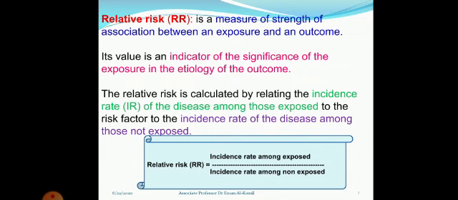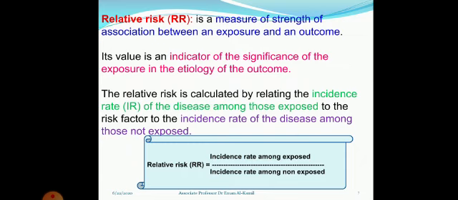The difference between the ratio and the rate is that in a rate, the numerator is part of the denominator and is multiplied by a constant, like the incidence rate, infant mortality rate, prevalence rate, maternal mortality, and all the rates which we have already discussed.